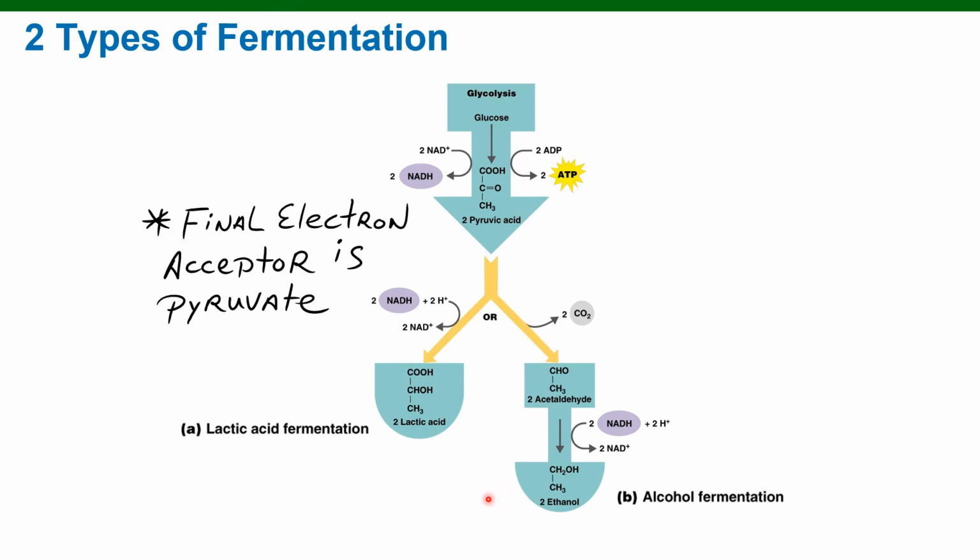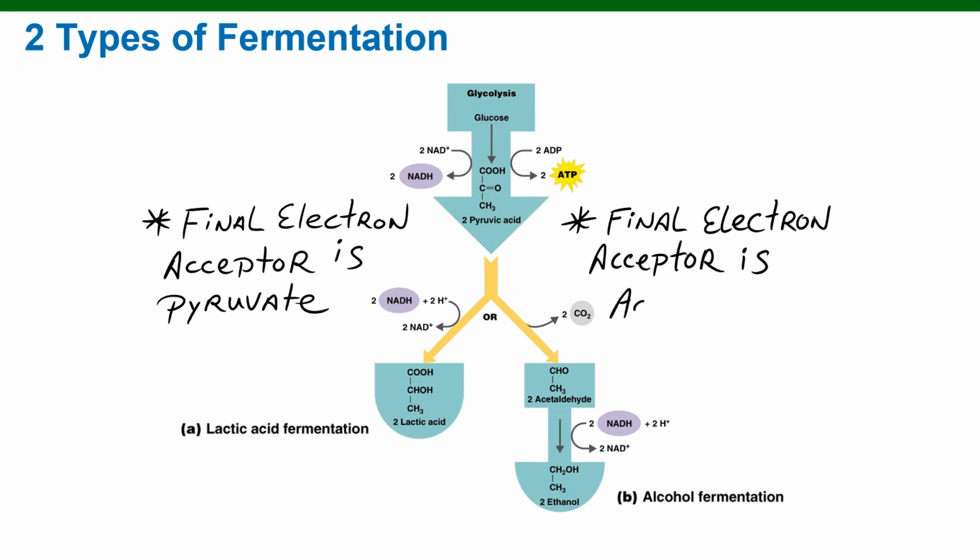And at the end of this process, ethanol will form, which is known as drinking alcohol. So alcoholic fermentation differs in that it has one more step, and it forms CO2, and its final electron acceptor is different. Final electron acceptor is acetaldehyde.